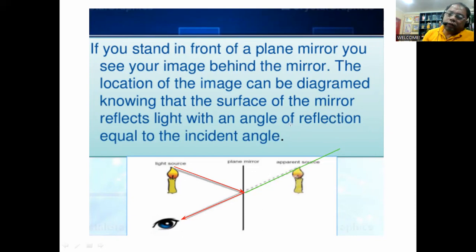Now, another light that could probably appear here could come from the head of this candle.